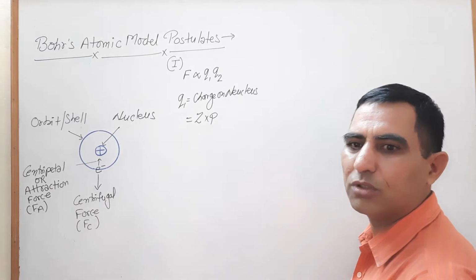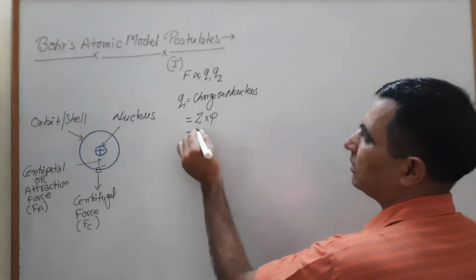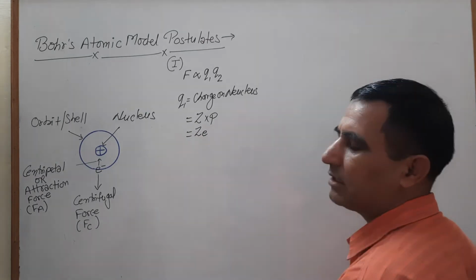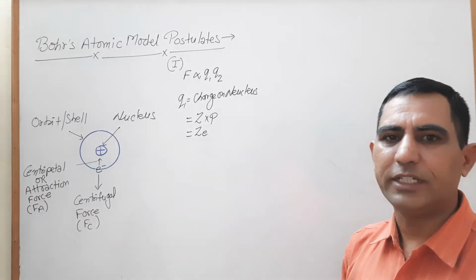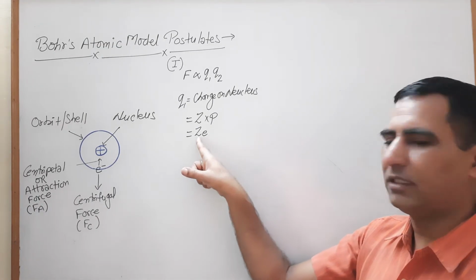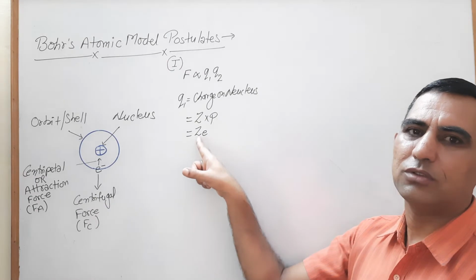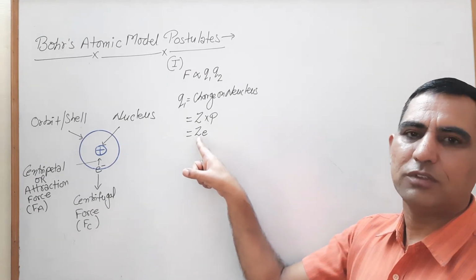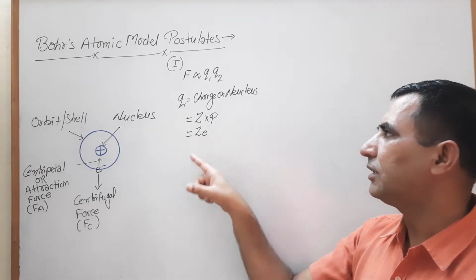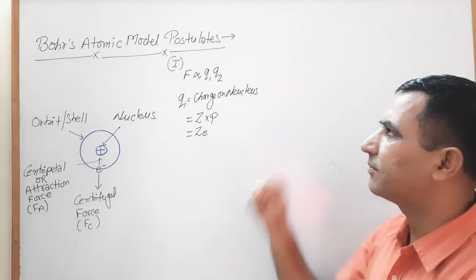The charge on a proton is equal to the charge on an electron, so we can write Q1 equals ZE. Z means the number of protons, and the number of protons is equal to the number of electrons in the atom.